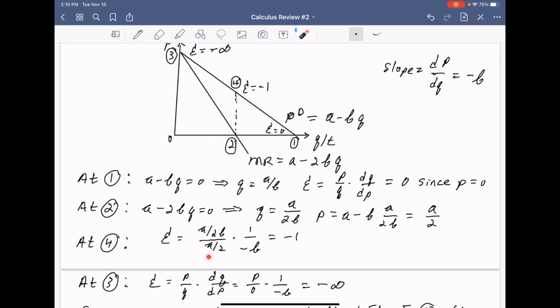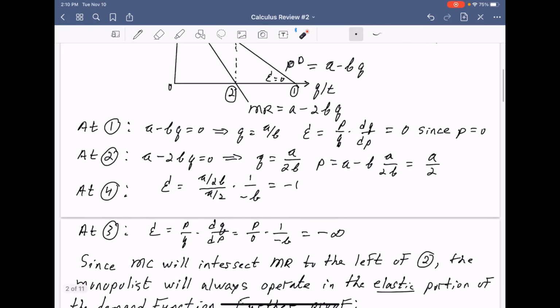This value here is the value of the price. This is our Q, which we determined to be A over 2B from point 2. And when we plug these in, you see immediately that these two cancel, and with this B brought up, we get a minus 1 being the elasticity.